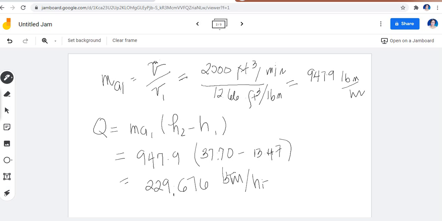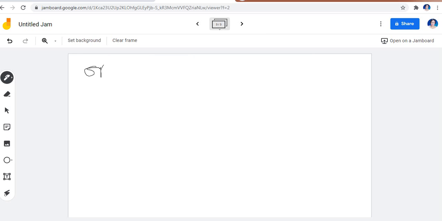Now, this Q, as we have discussed, is the total heating load of your coil, and it is the sum of the sensible and the latent heat energies transferred.